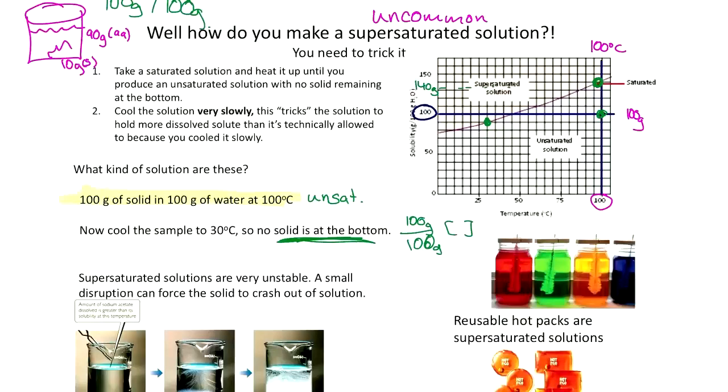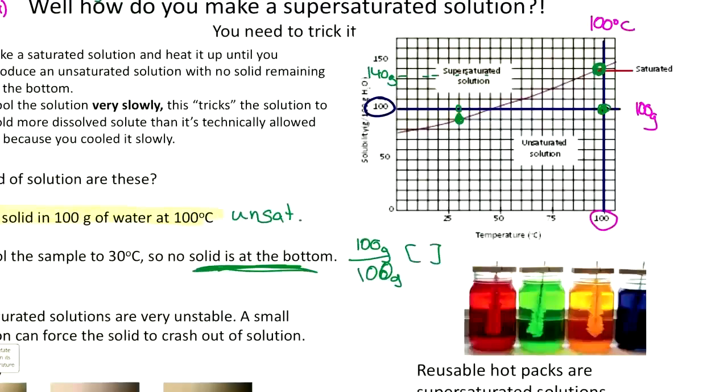Is that allowed at 30 degrees Celsius? No, we're actually now above that saturation line. So is that solution stable? No, it's not going to stay there long. So that's when we call it supersaturated, all right? Just blinking at it, poking it, will make that last 10 grams fall out of solution, and it'll go back to a stable, saturated state, all right? That's what I mean by tricking it.